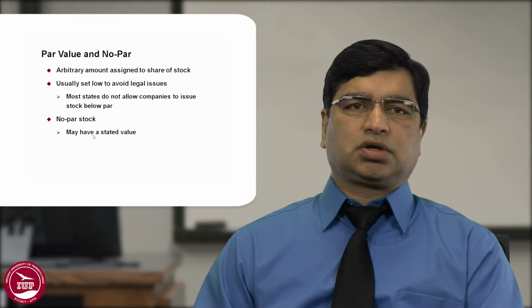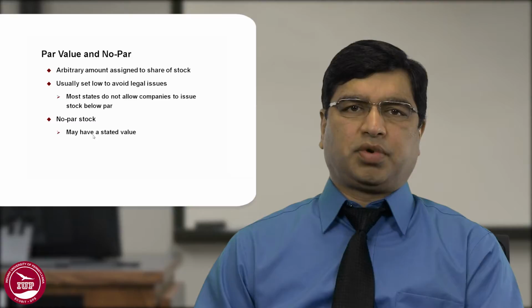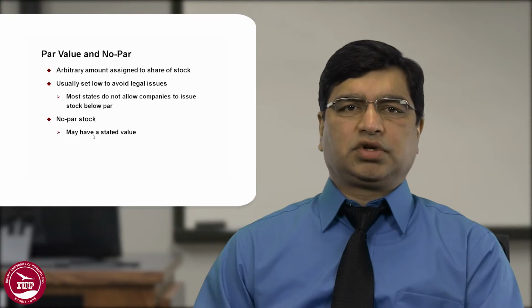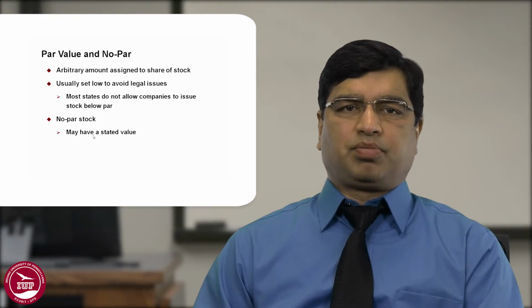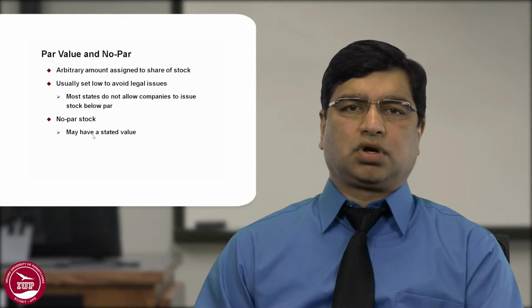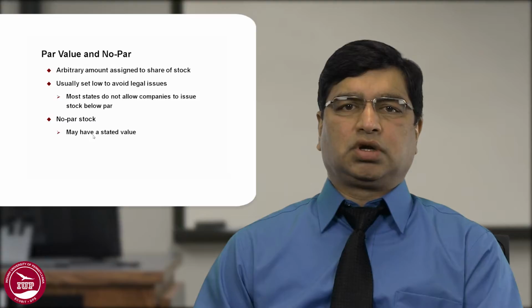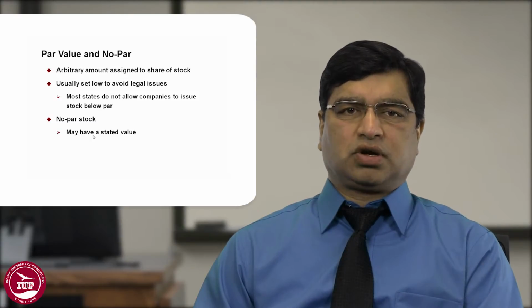In terms of stock, a stock could be a par value or a no par value. Par value of the stock is an arbitrary amount generally kept at a lower level so that any legal issues can be avoided. The par value of the stock has no relevance to the market value of that stock. No par stock basically has no stated value.